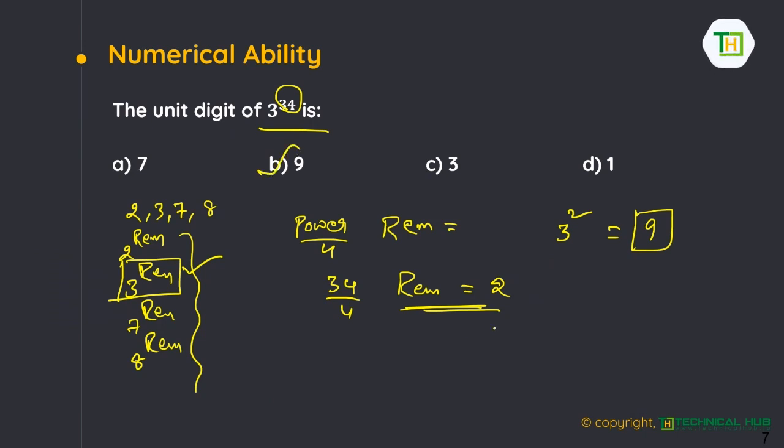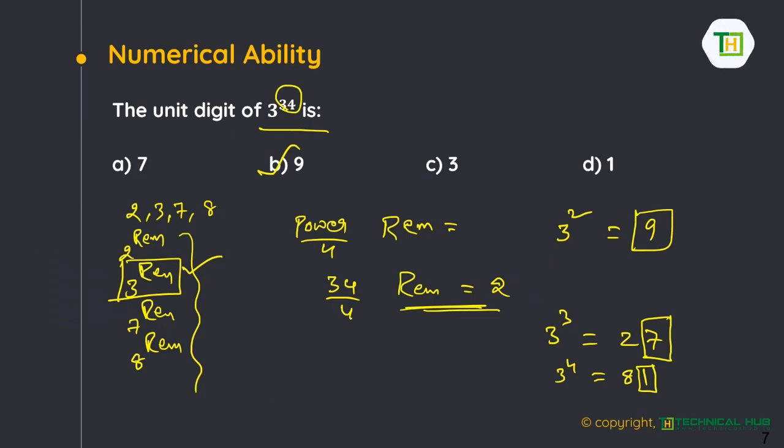Suppose, for example, you are getting remainder 3: 3 power 3 is equal to 27. 27 is a 2-digit number, but you must take only the units place. If the remainder is 4, 3 power 4 is equal to 81, units place 1.